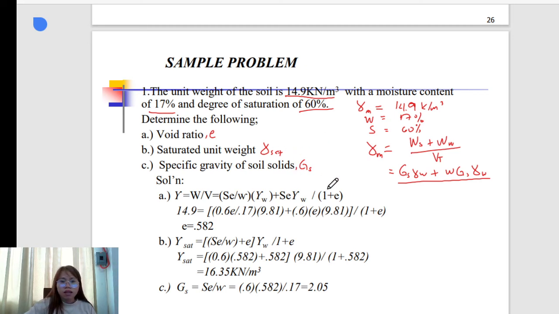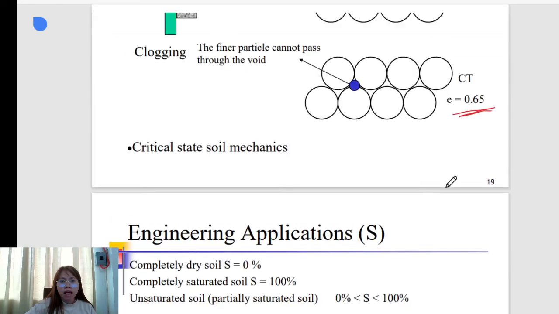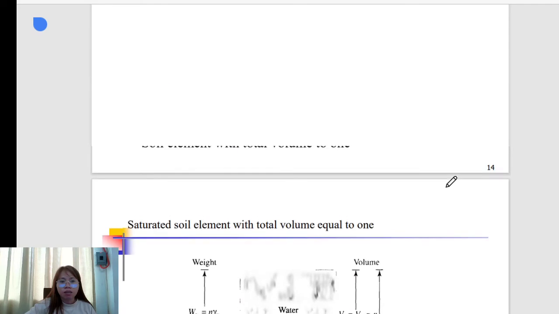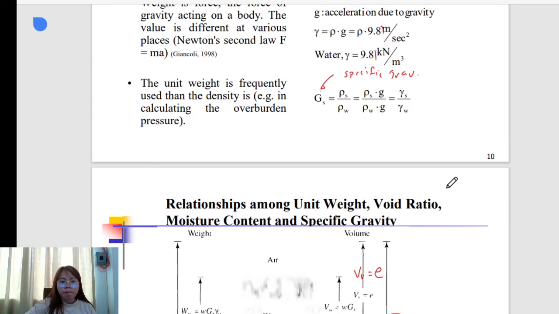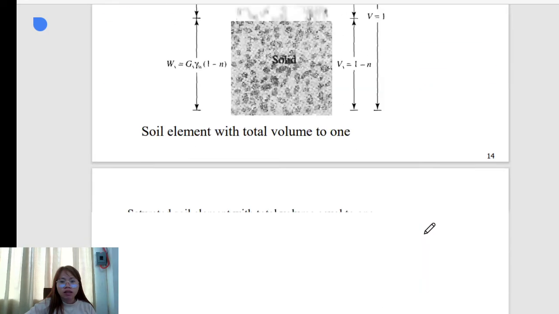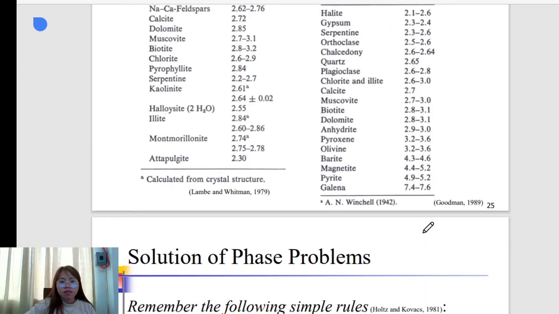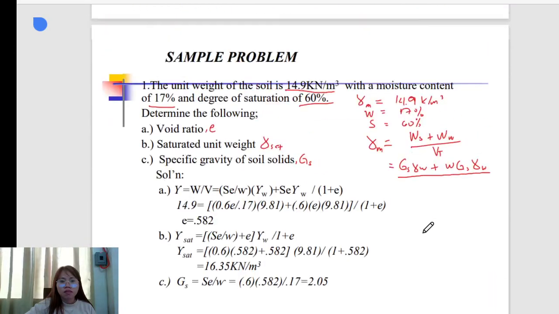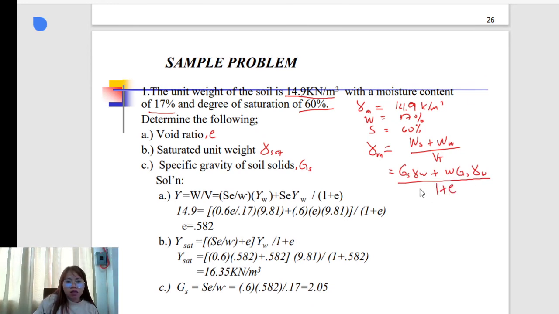In this case, the total volume is actually equal to 1 plus E, di ba? Total volume is equal to 1 plus E, or void ratio.